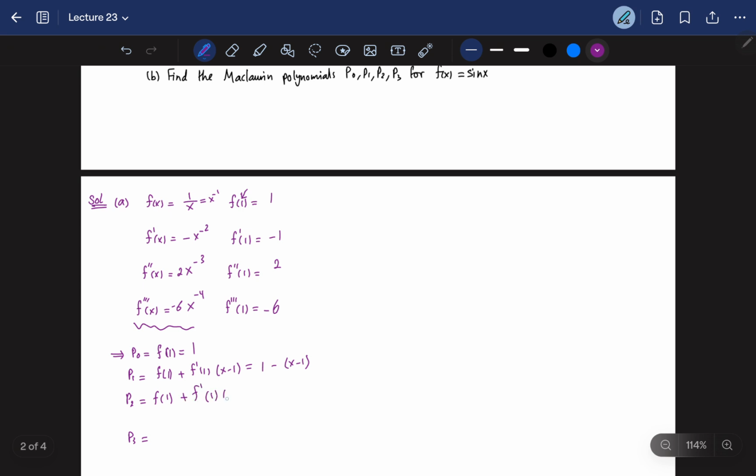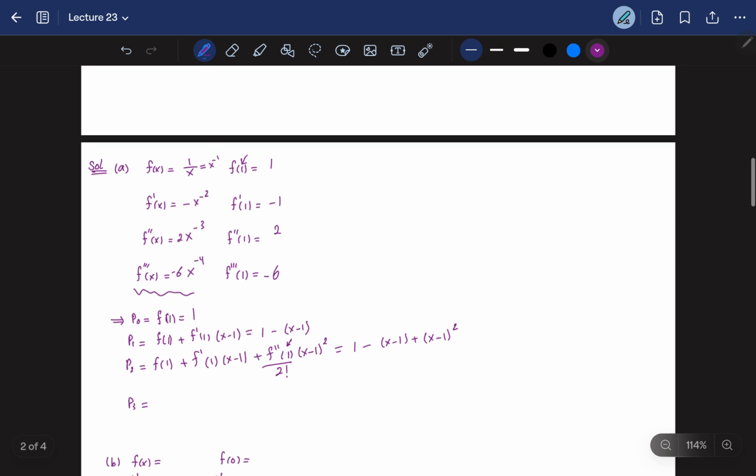You take the Taylor polynomial up to the second degree. Then you plug in the values of your derivatives. So 1 minus (x minus 1) plus, now f double prime is 2 divided by 2 factorial, that's just 1, multiplied by (x minus 1) squared.